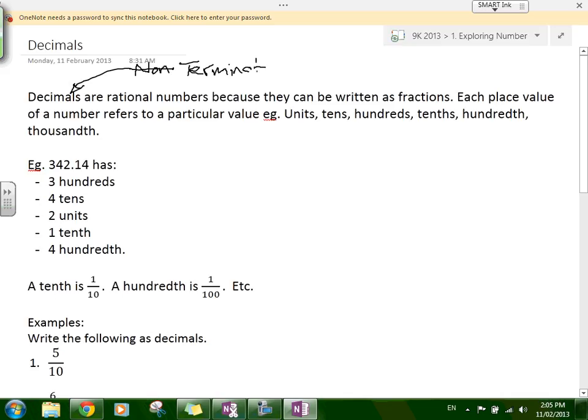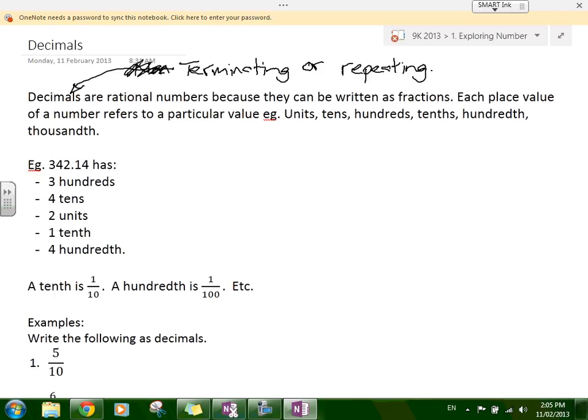Terminating decimals means decimals that have a limited number of decimal places. Terminating means it comes to an end. So a decimal either has to be terminating or repeating to be rational. It has to come to an end, or it has to have a repeating pattern that goes on forever for a decimal to be rational. And so they can be written as fractions as long as they're terminating or repeating.